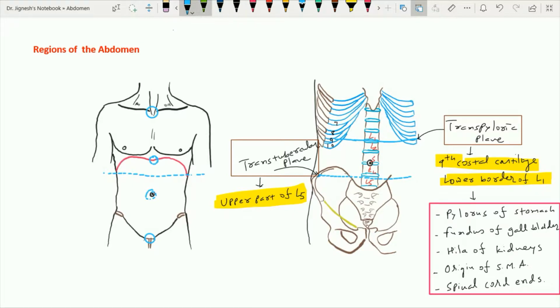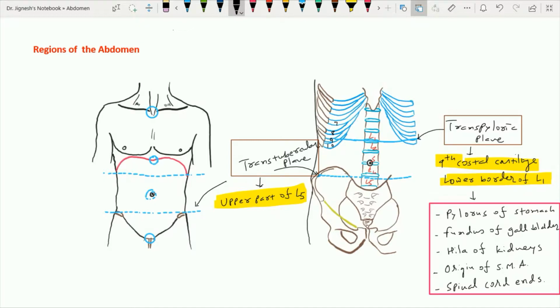The lower horizontal plane is going to pass through the tubercles of the iliac crest on both sides, and this plane is called the transtubercular plane, and it is going to pass through the upper border of the L5 vertebra.